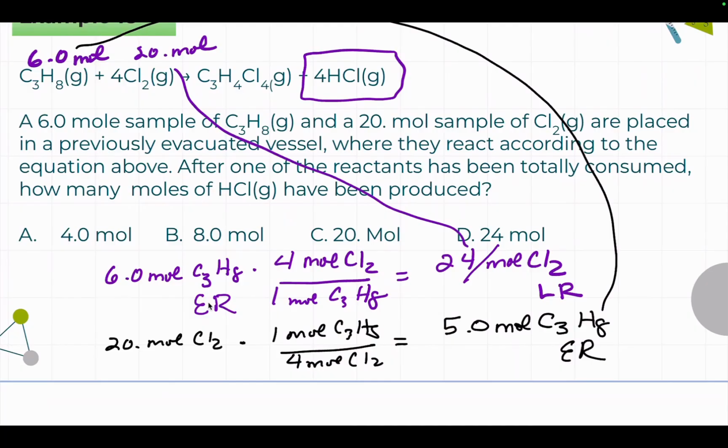In fact, if we were going to determine, we'd have 1 excess mole of C3H8. But in this question, they just want to know the moles of HCl.